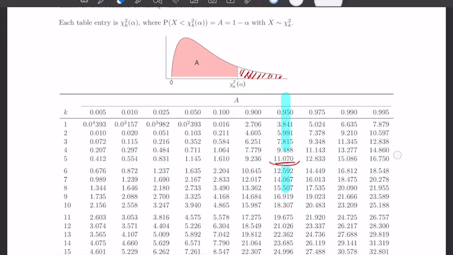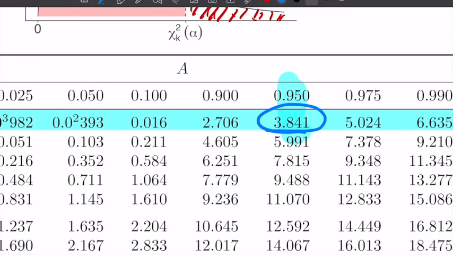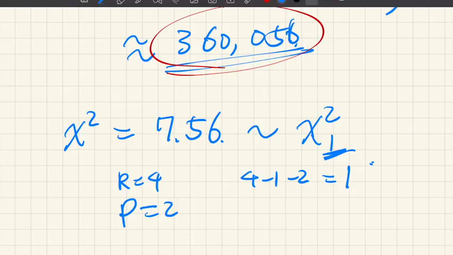Now we are interested in 1 degree of freedom, and let's look at the 5% significance level. The value is 3.841, and our statistic is greater than 3.841.